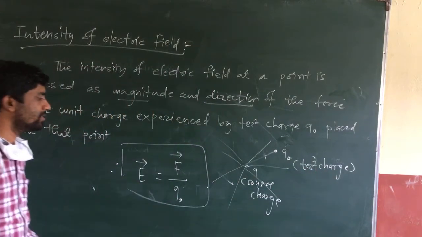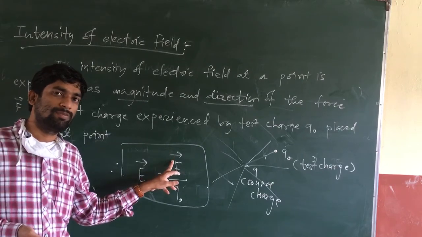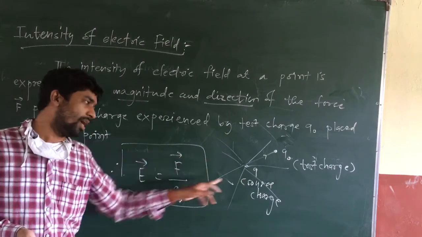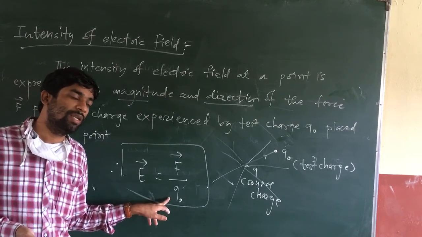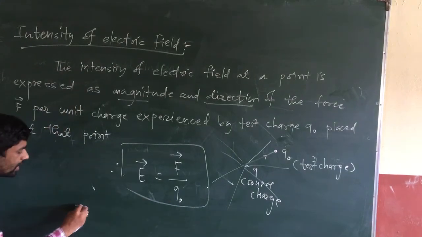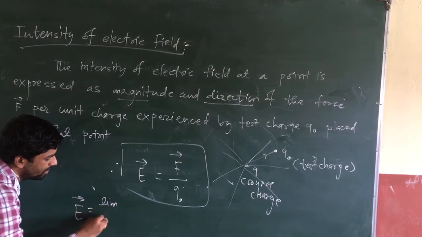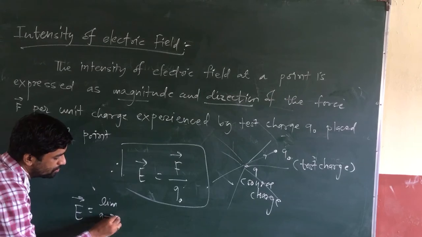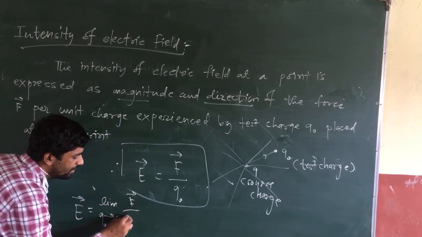So what is the electric field? Electric field is equal to the force experienced by the test charge due to the source charge divided by your test charge. But the value of the test charge is very small, so in terms of a limit you can also write the equation: electric field is equal to the limit as the test charge tends to zero, of force divided by Q naught.